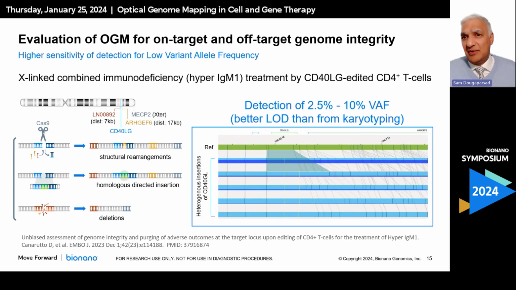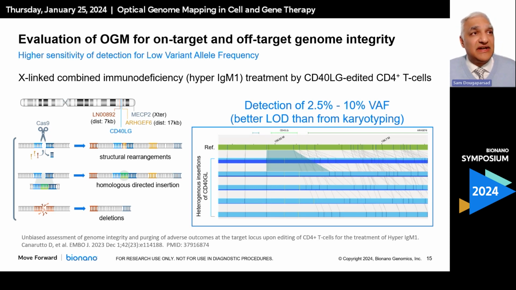So that is for production of stem cells. How is it with the editing of the genome? And here's an example of the evaluation of optical genome mapping for on-target as well as off-target genome integrity using a particular cell line, which is meant to be modified to address X-linked combined immunodeficiency disease.